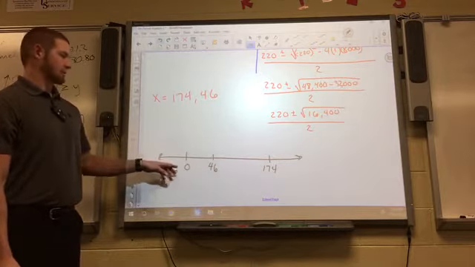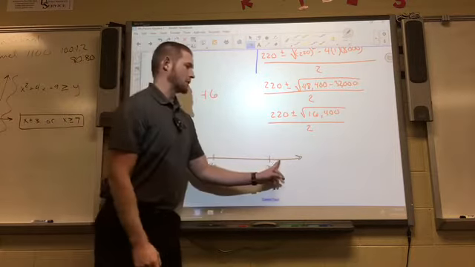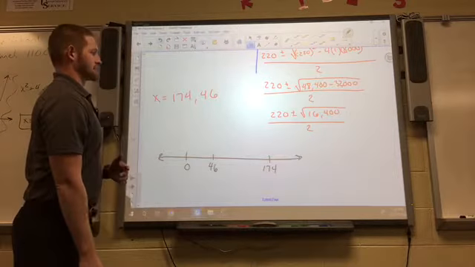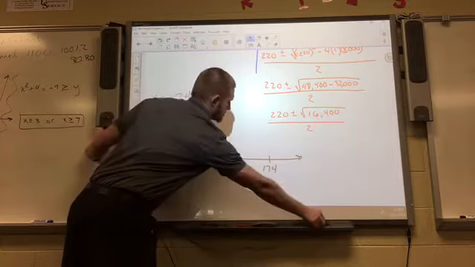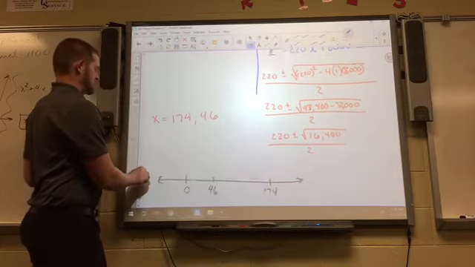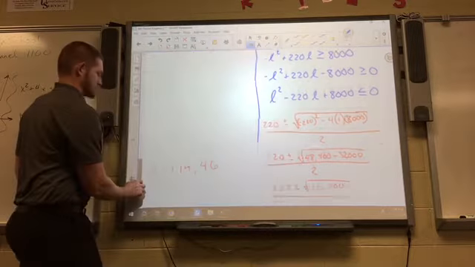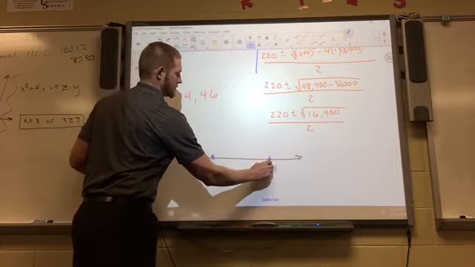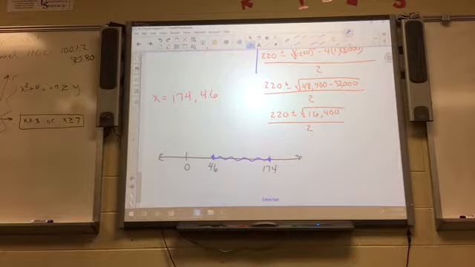No, because this one would end up going negative, and this one would end up going to infinity, and that's not going to make a lot of sense if you're talking about area. So, just using a little logic, since it's less than or equal to, it's going to be a closed circle on both. Using some logic, you should be able to figure out that you're going to shade in between.